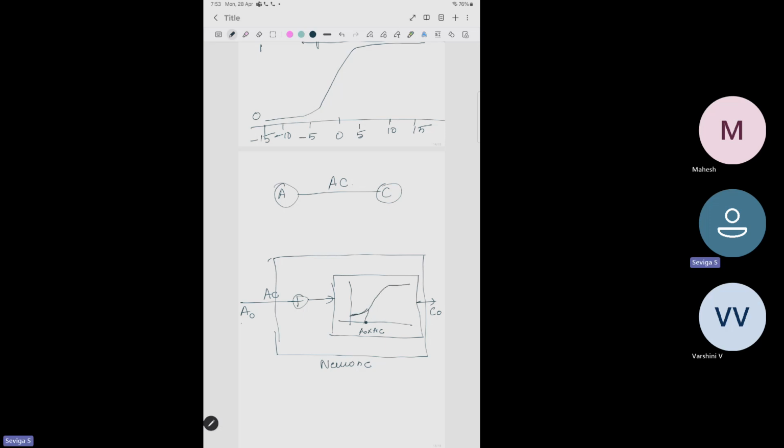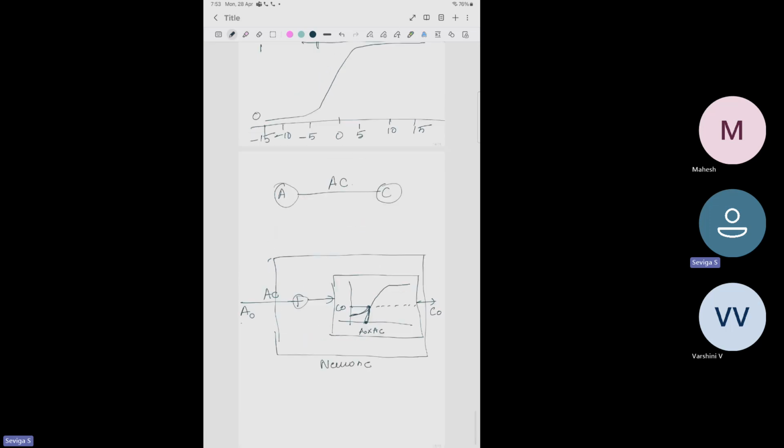Now if you look at it, we will use the activation function. This is input, this is output. So this output will correspond to C naught. So this is how the activation function is used, and then we get the output.